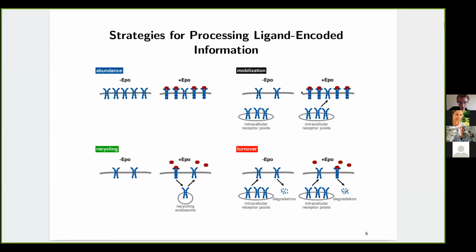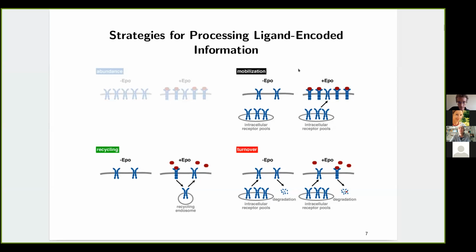The 3 other possibilities are not so easy to disentangle experimentally, and therefore we built a model to describe this process and figure out which of these mechanisms are at work and how the translation of the information from outside the cell to receptor activation takes place. Building such a model always relies a little bit on biological intuition, but it's also a little bit of trial and error, tinkering around.